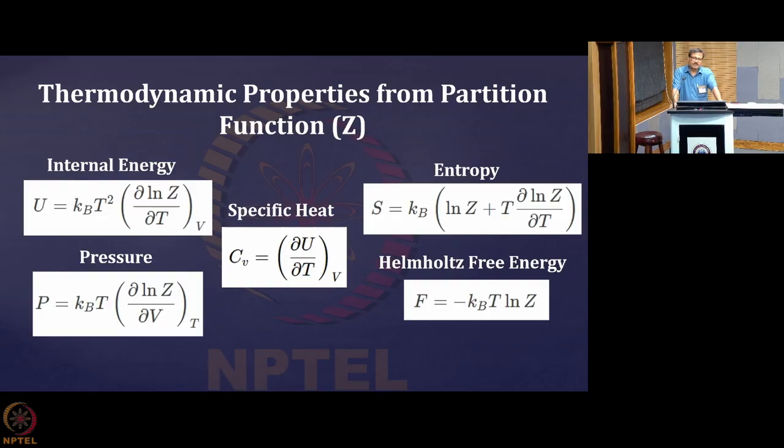So if you want to proceed with the computation of these properties, then you must be very familiar with numerical techniques: how to do the integration, how to do the differentiation, what the finite difference techniques are, what the finite volume techniques are. You should have elementary ideas, because this partition function theory is required here to get the derivative, and getting a numerical derivative requires a bit of experience.